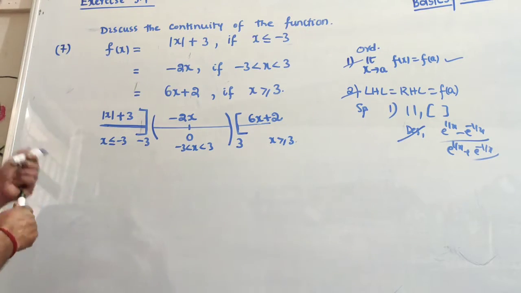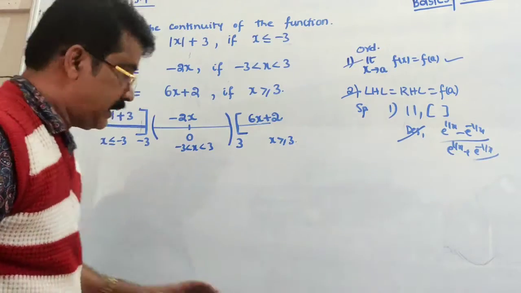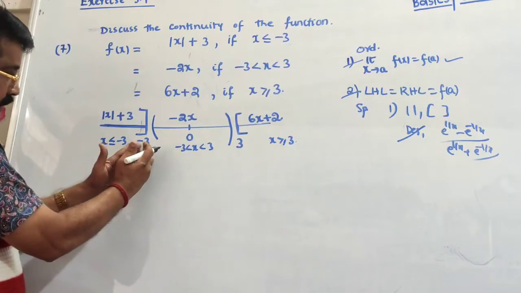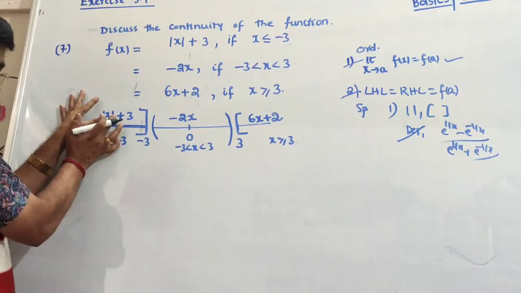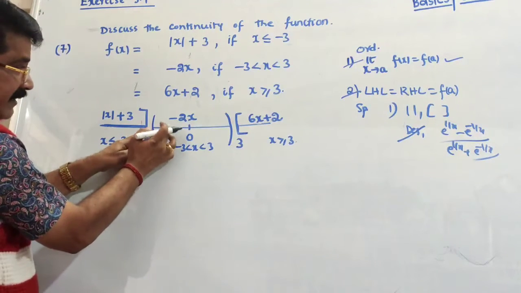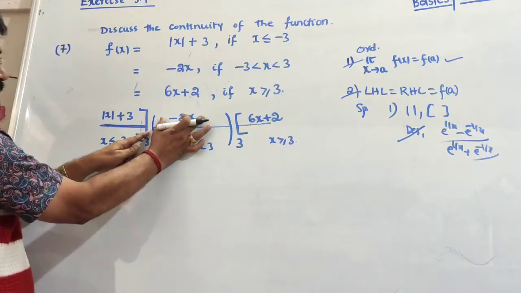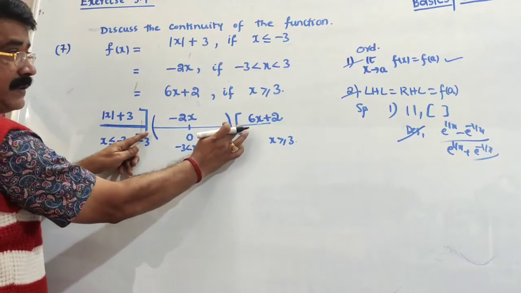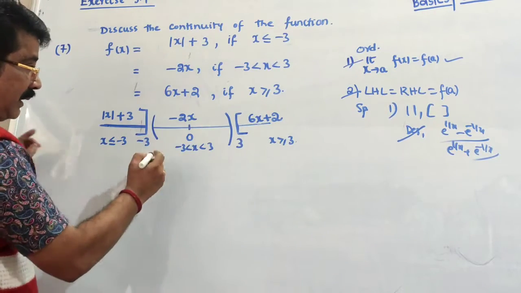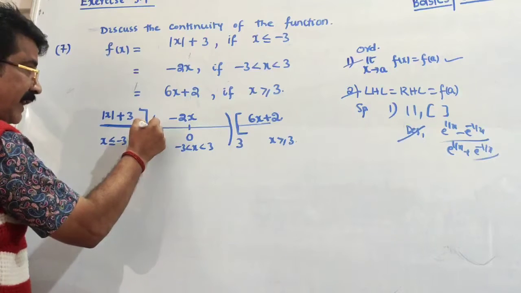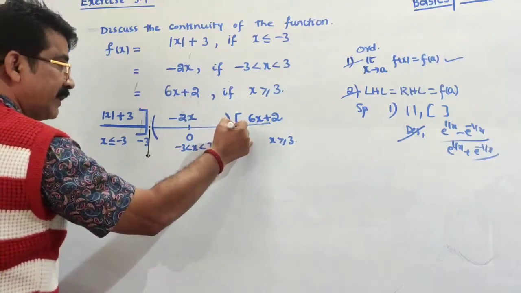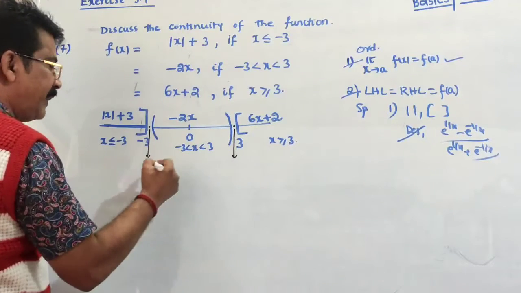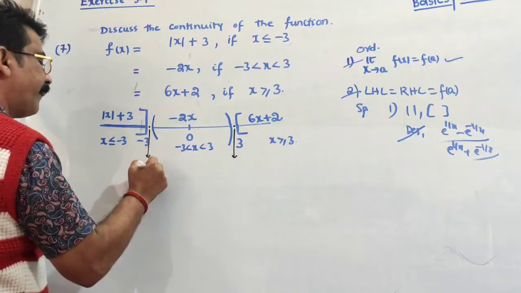So therefore, the function from here up to infinity behaves as modulus of x plus 3. After minus 3, it changes its behavior. After 3, it changes again. Means what? This point minus 3, later plus 3. These are the breaking points.